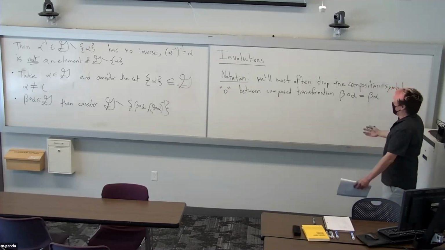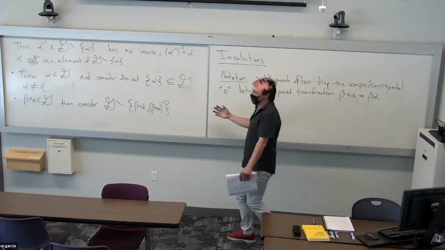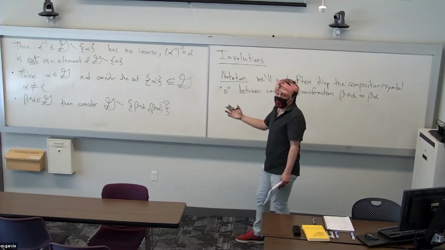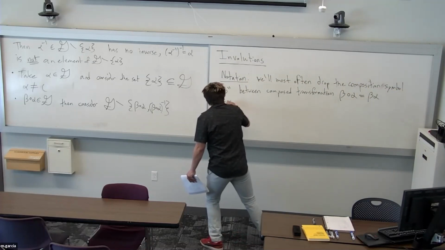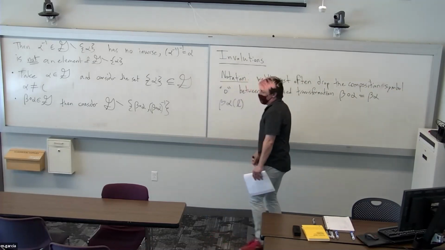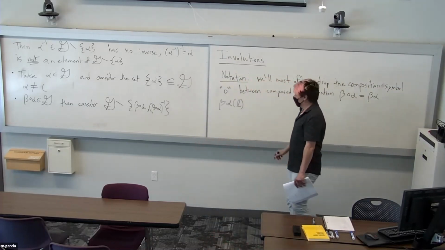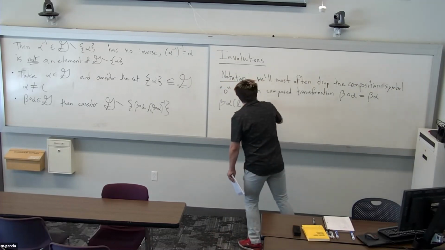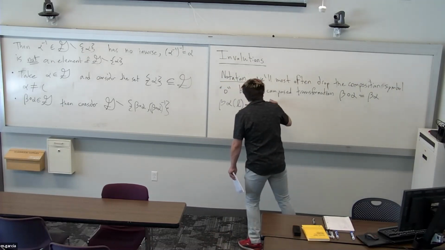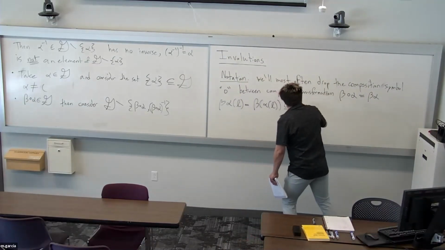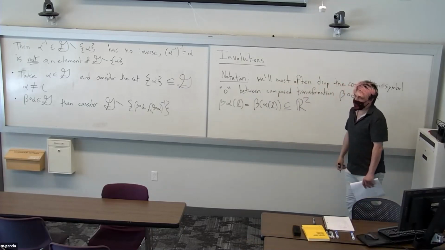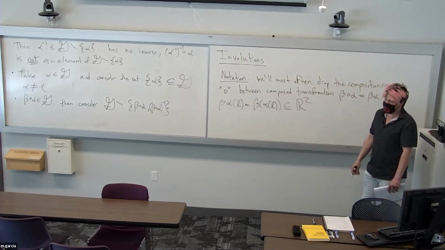Because say I have a composition of transformations operating on a line, without the dot, this is unambiguous, right? This just means beta composed with alpha. Okay?